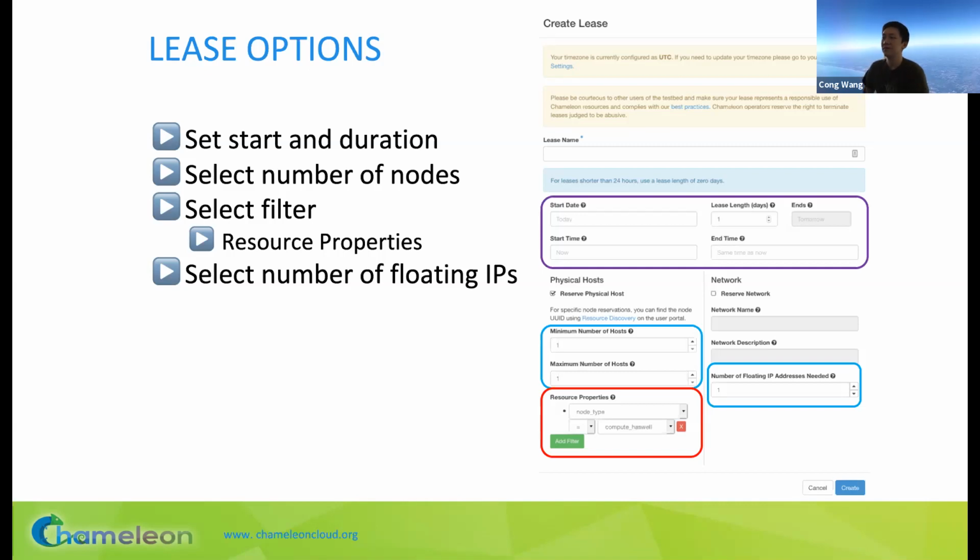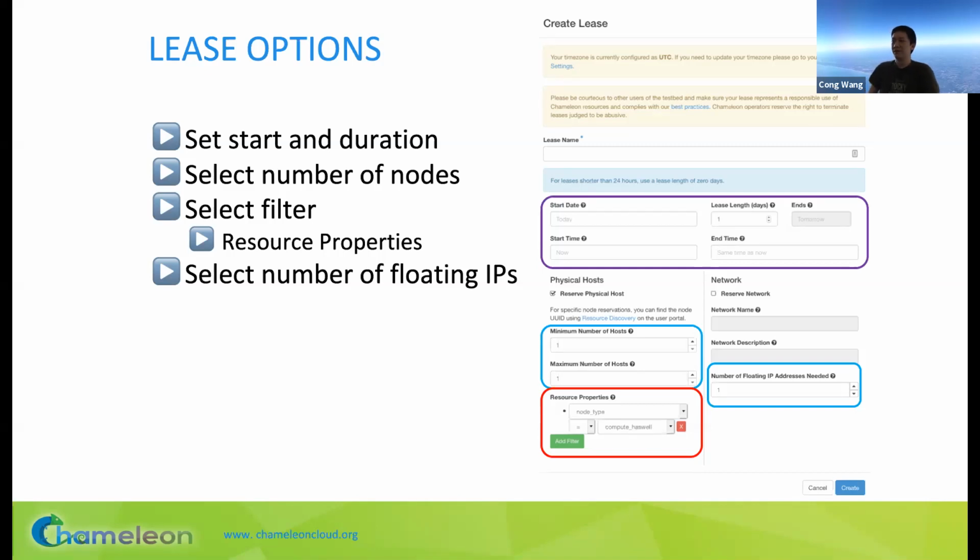You can also renew it once you are close to the expiration date and time of your lease. You also want to select the minimum number of requested hosts and the maximum number of hosts that you are requesting. Chameleon will choose a number of nodes for you once you specify the minimum and maximum number of nodes you are requesting.